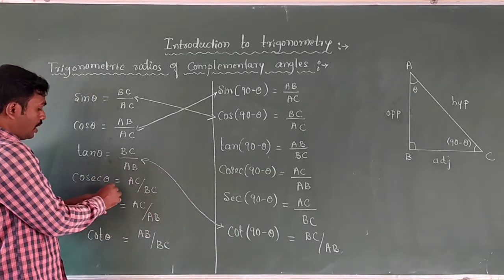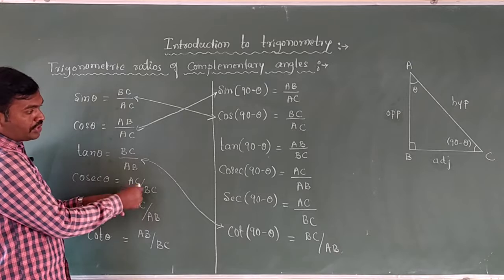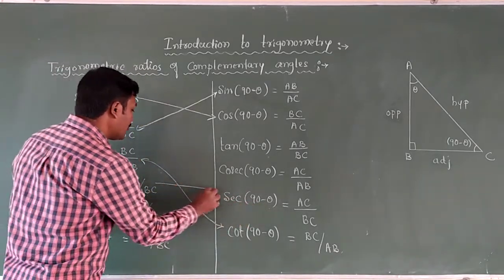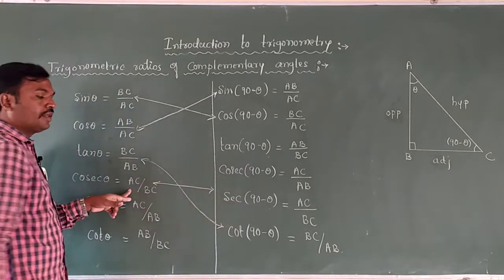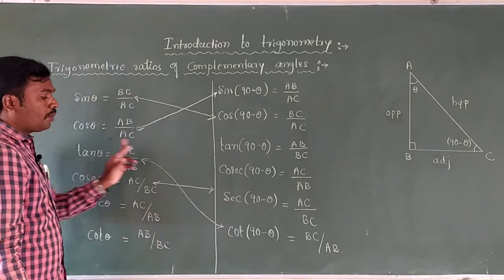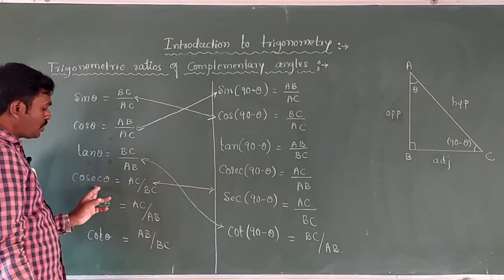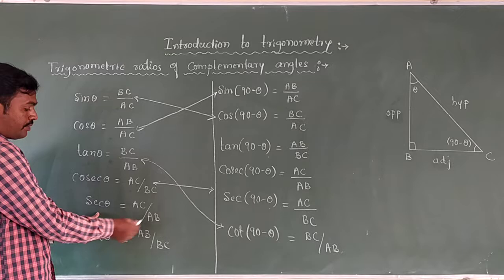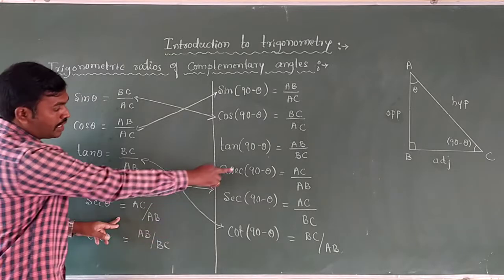And let us observe the complementary of cosec, which one gives AC by BC here. Sec theta gives us the complementary of cosec. So complementary of cosec is sec. Let us observe the complementary of sec. Complementary of sec is cosec.